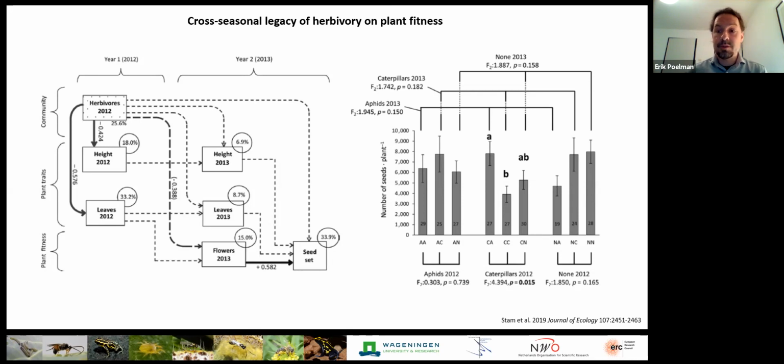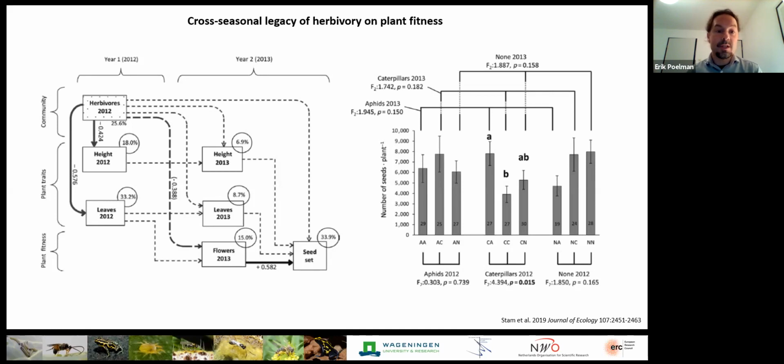And what we found was that indeed herbivores that were colonizing the plant in year one affected plant parameters in year one. So they basically predicted the growth and the number of leaves that this plant could make. And that translated to how well the plant would grow after the winter in terms of the number of leaves and the height of the plant, but also the number of flowers and seeds that the plant could produce.